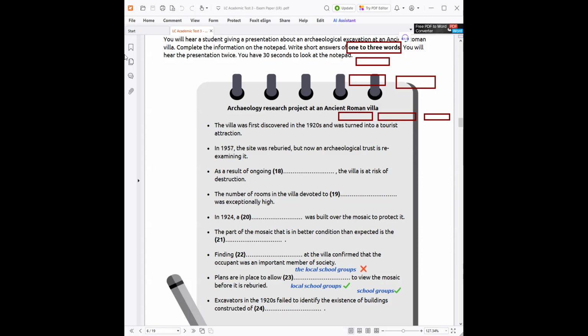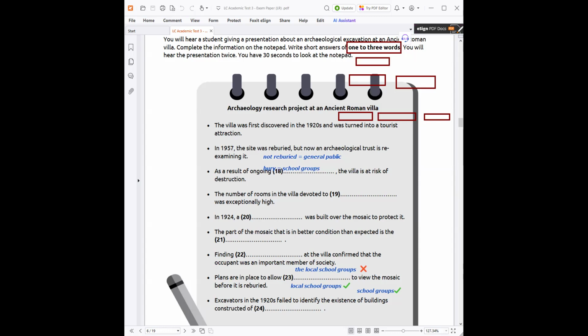For general public, they're saying that if it is not reburied, then who can see it? The general public. But if they're going to bury it, then who is going to see it? School groups, before they bury it. So they're going to show it to the school groups. I'll play the audio. Listen to this. That will make more sense.